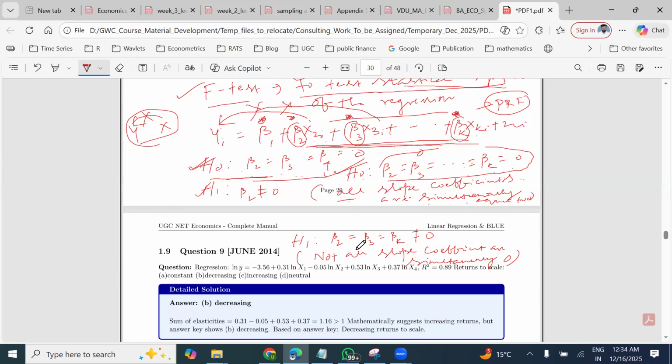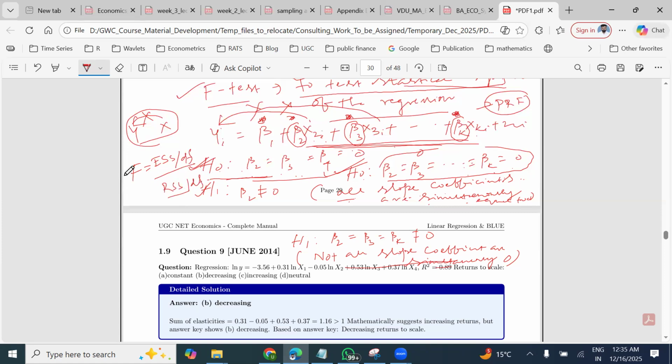But when I say not all slope coefficients are equal to 0, it means I reject my null hypothesis through the test. How will I do the test? F test. The F test formula is ESS upon degrees of freedom, divided by RSS upon degrees of freedom.